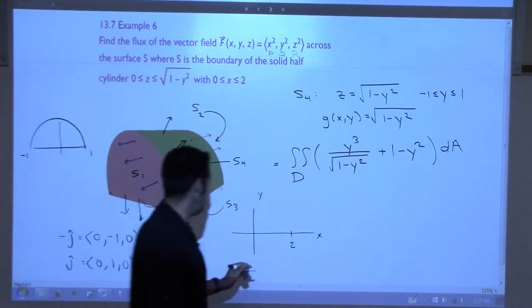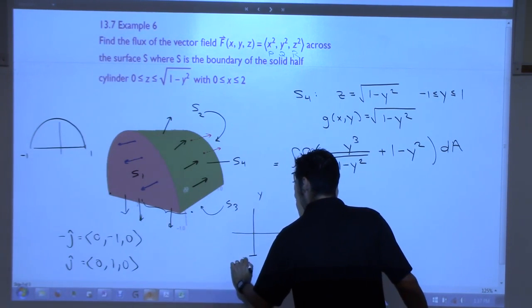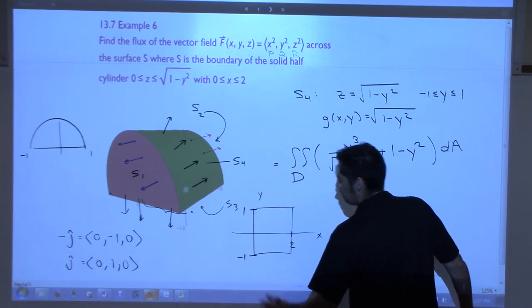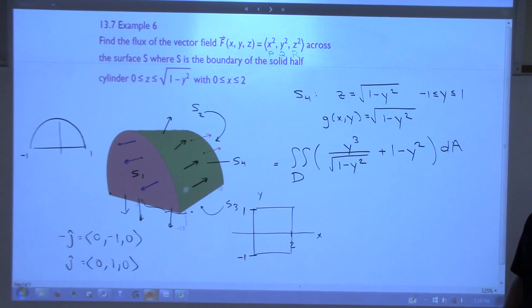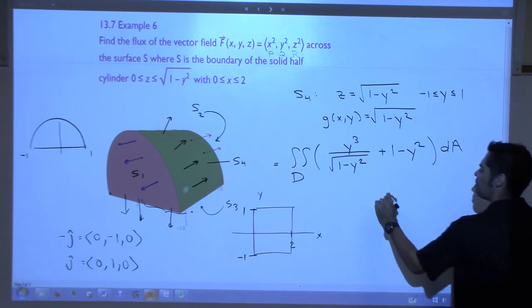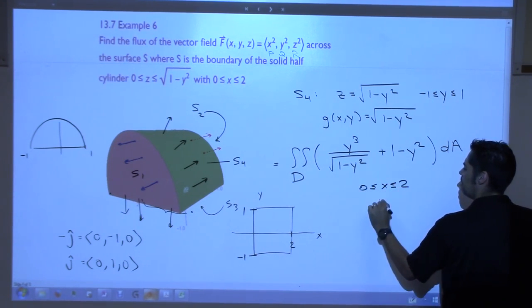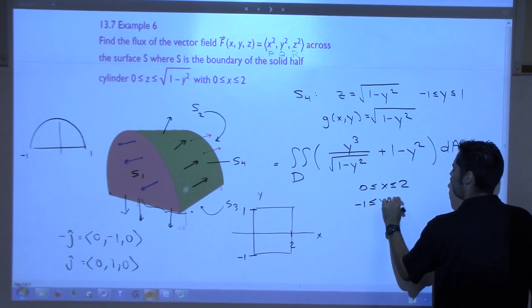So negative 1 to 1. So my restrictions are x is between 0 and 2, y is between negative 1 and 1.